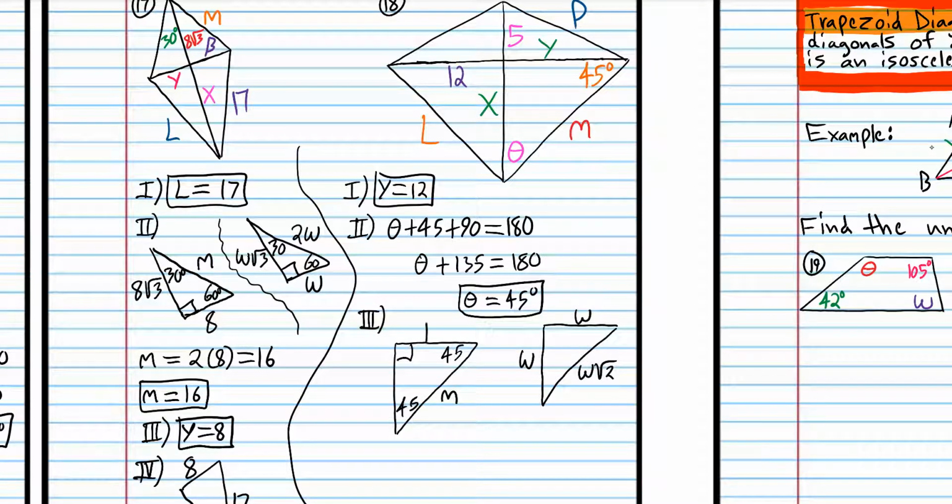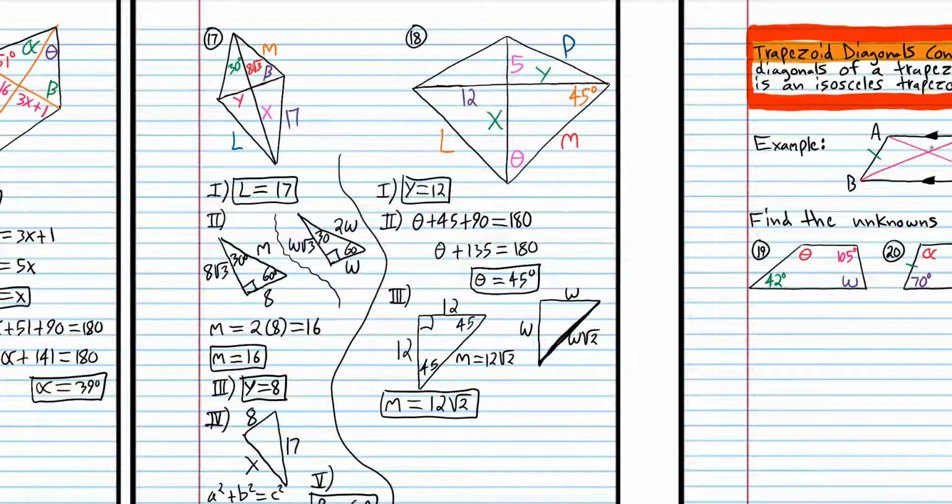Remember, we found that. Y is 12. So that means that this other side must be 12 also. And this side must be 12 root 2. Why? Because we know W is 12 by this relation, so therefore this side must be 12 root 2. And I just realized that's a really crappy hypotenuse I wrote there. All right, so M is equal to 12 root 2.